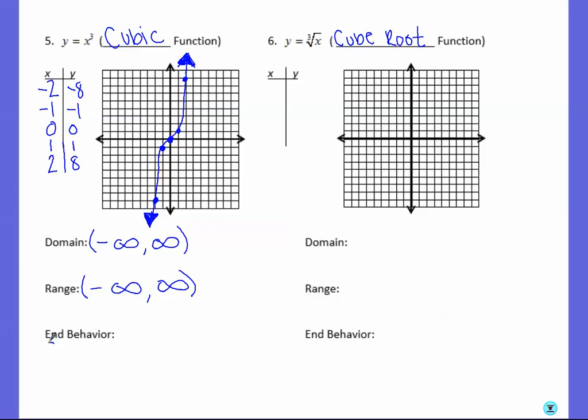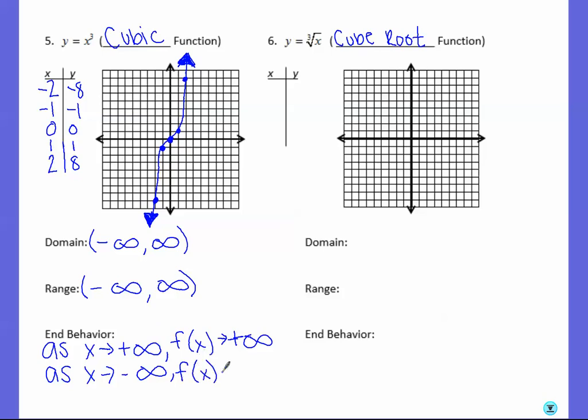And end behavior, as x goes to positive infinity, f of x goes to positive infinity. And as x goes to -infinity, the arrow on the left is pointing down, so f of x is going towards -infinity.